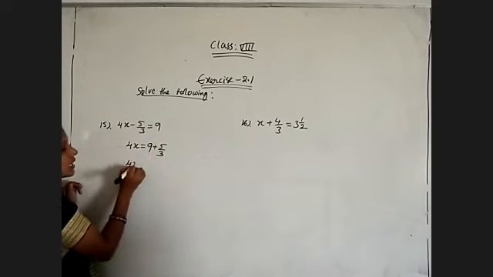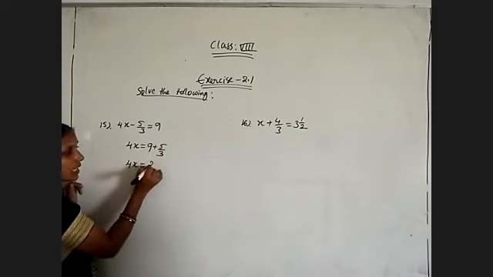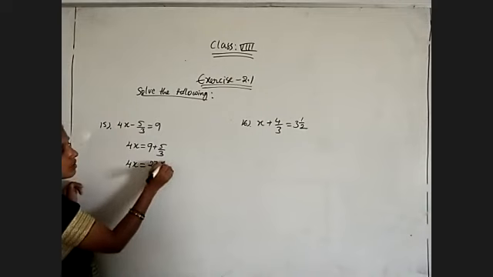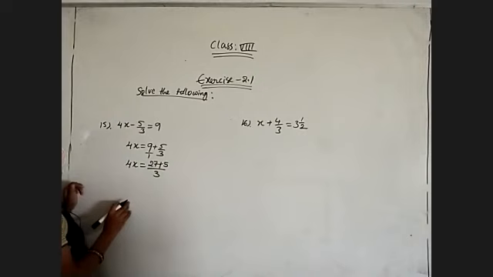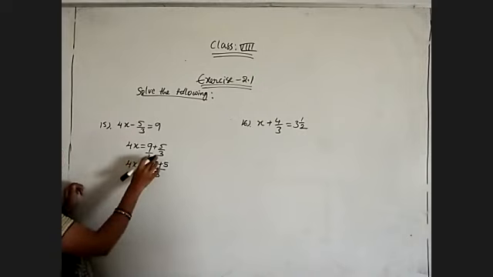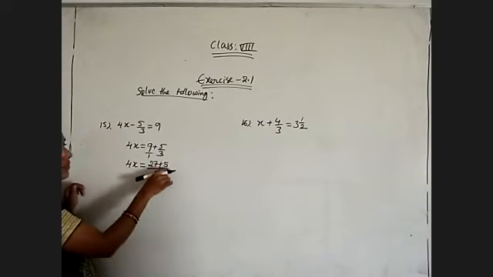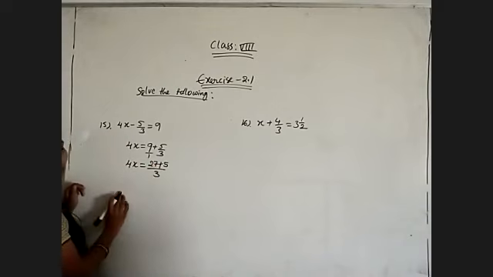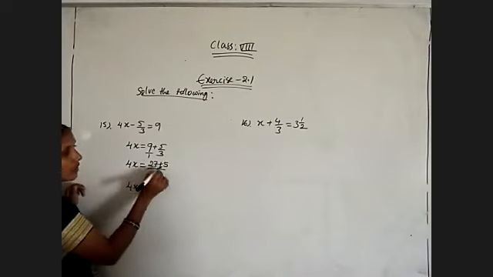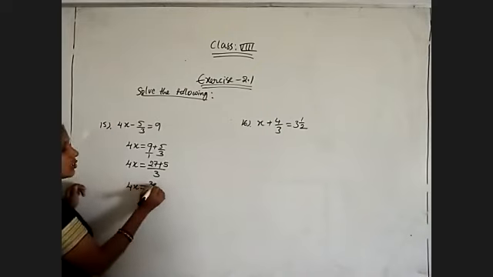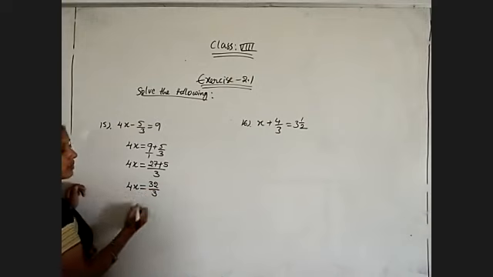Then 4x is equal to 3 9s are 27 plus 5, by 3 ones are 3. 9 is nothing but 9 by 1, so go for cross multiplication. 9 3s are 27, 1 5s are 5, by 1 into 3 is 3, which is equal to 27 plus 5, 32 by 3.